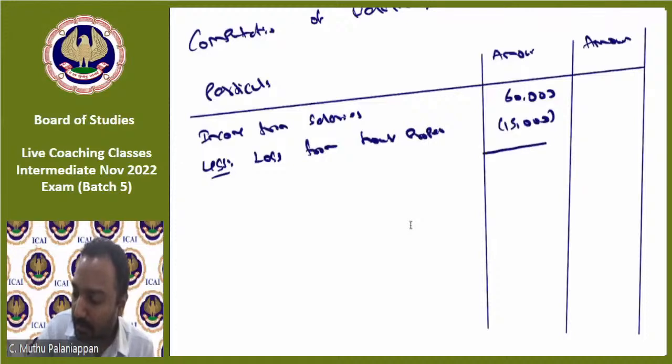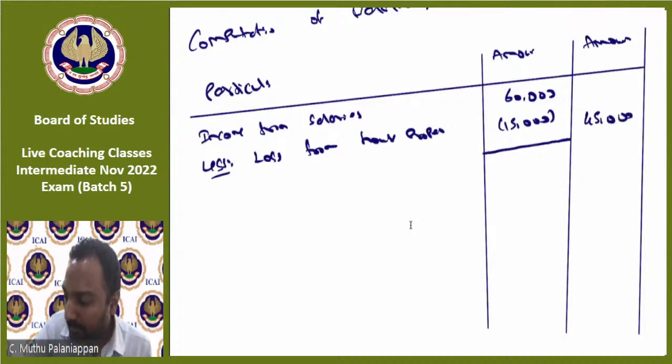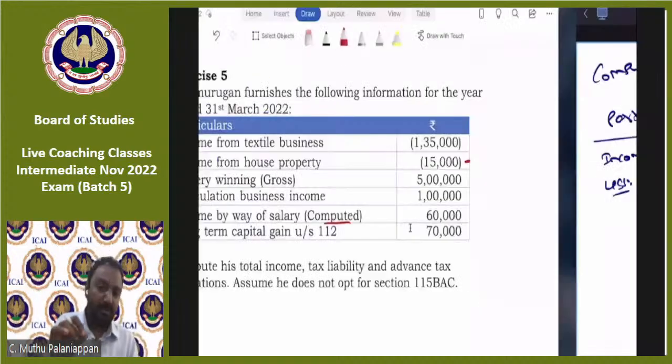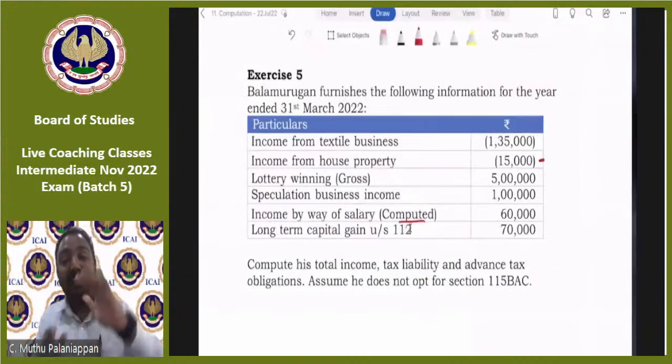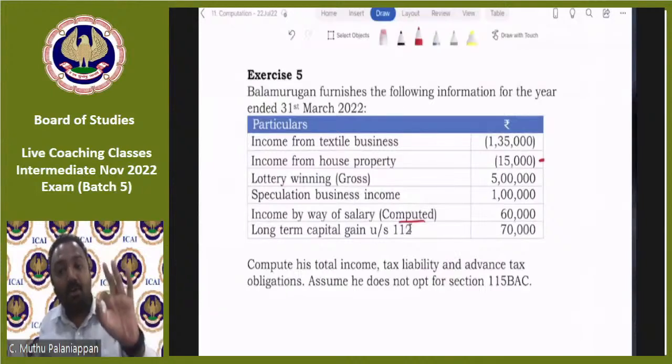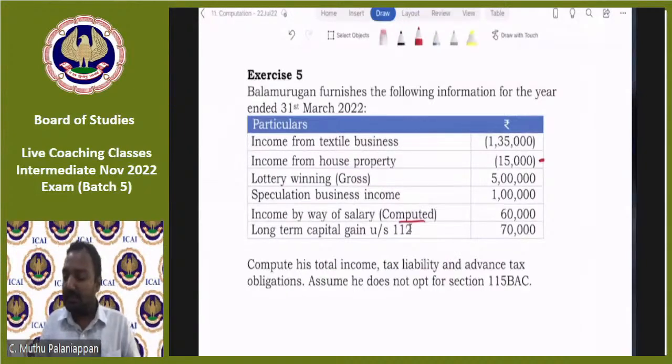So it is 45,000. Now there is also loss from business, but we cannot adjust it against salary, because loss from business cannot be adjusted with salary. It can be adjusted with everything else.